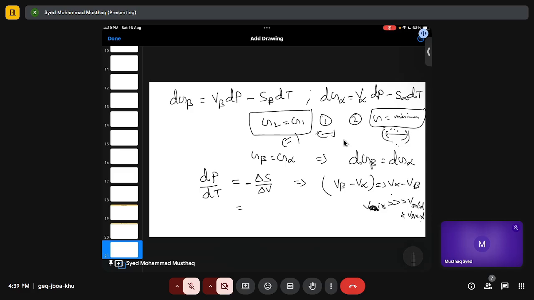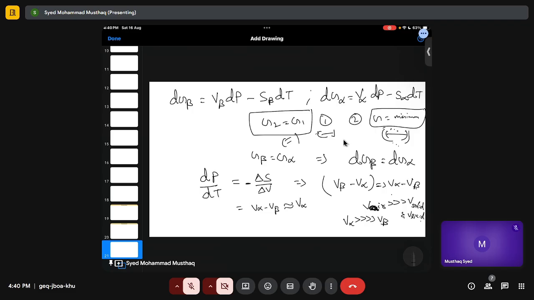That's what we have been studying since class 4th or 5th: the density of gas is very low. That means the volume of air is very large compared to the same mole of solid or liquid. So V alpha is very much greater than V beta, and V alpha minus V beta is approximately equal to V alpha.